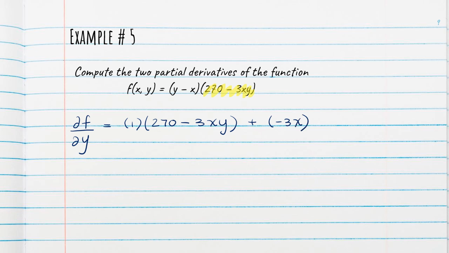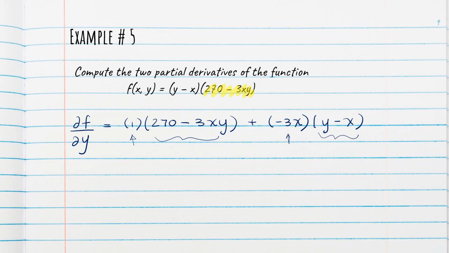And then we take that derivative of the second term and we multiply it by the first term, y minus x. So again, we can see the parts of the product rule. We took the derivative of the first term, we multiplied it by the second term, and then we added the derivative of the second term multiplied by the first term.